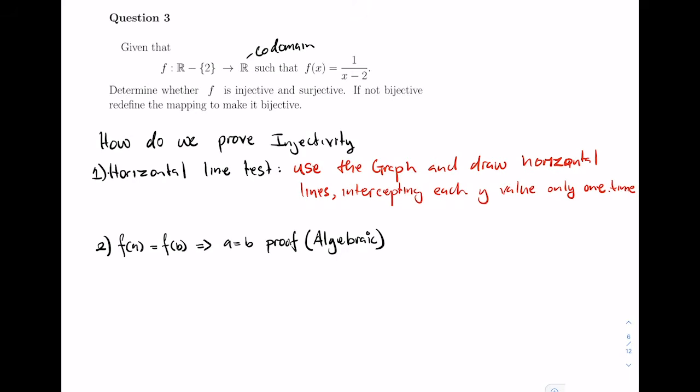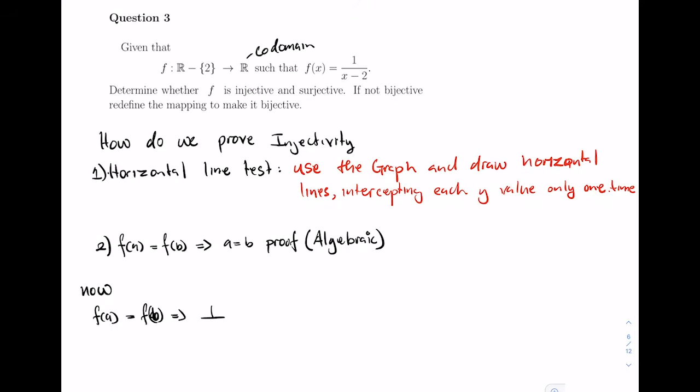So here we don't want to draw any graphs. Well, I don't want to draw any graphs, but if we had the graph, we could use it. All right, so let's jump right into using our f of a equal f of b implies a equal b proof.